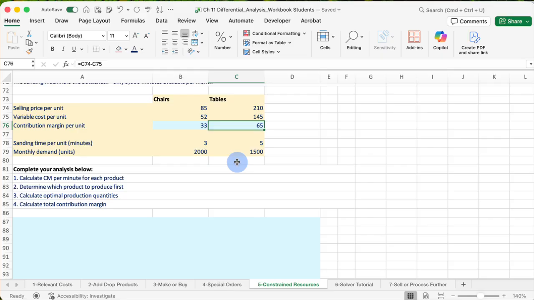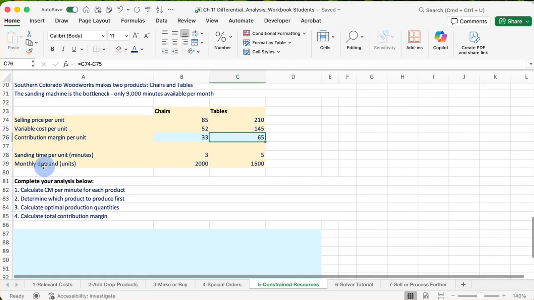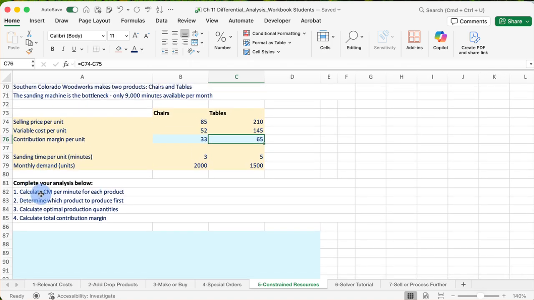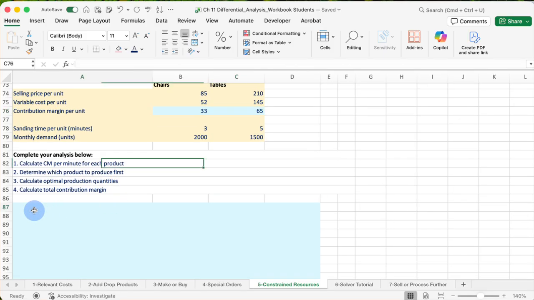So what we need to do to solve this is first calculate the contribution margin per minute for each product. So we're going to break it down and calculate the contribution margin per the constraint. And then we're going to decide which products we need to prioritize and produce first, and then calculate the optimal production quantities. So we will do that down below.